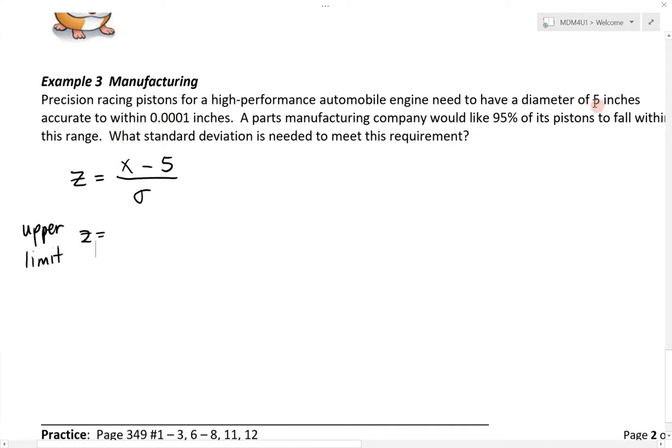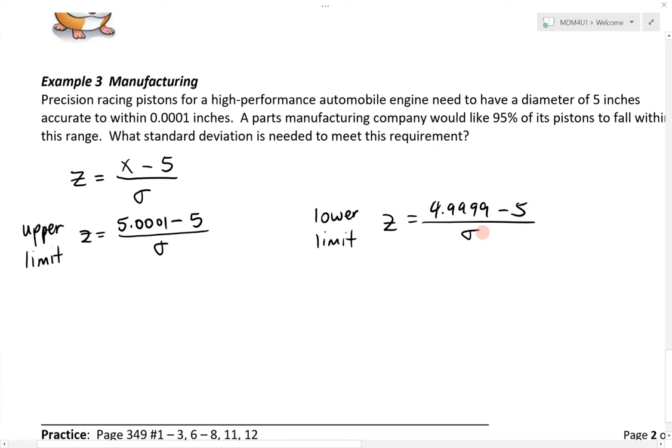So it has to be at most 5.0001. Otherwise, it won't work. So 5.0001 will be my x value minus 5, the mean value, divided by sigma. The lower limit, same idea, but subtract. So it's going to be 4.9999, or 4 nines, minus 5 divided by sigma.